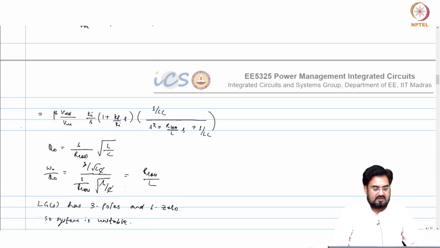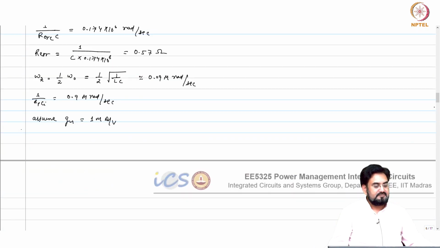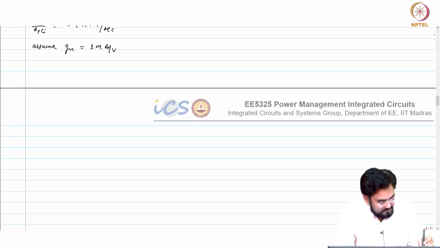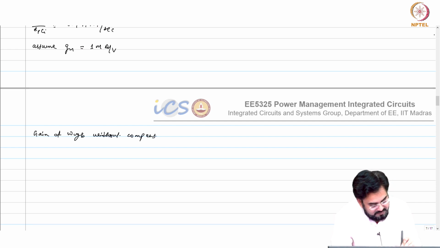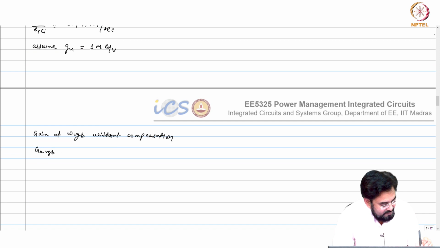Okay. So how much gain do we require at UGB? What is the gain right now without the compensator? So the gain at UGB without compensation, I will call it G0 UGB.